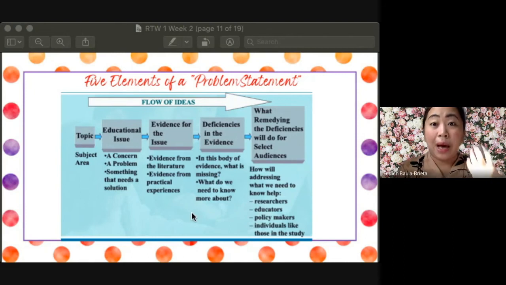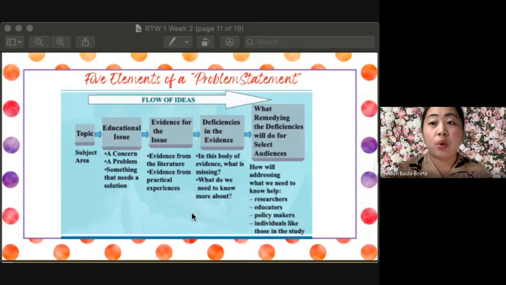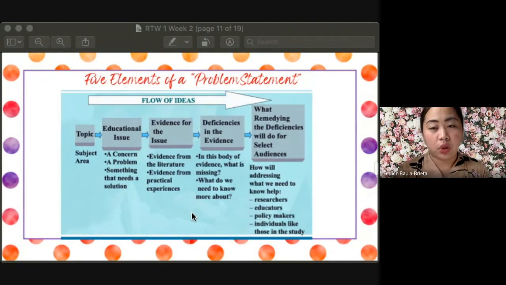So your output will be usable, will be relevant to the community. It is not a copied output or a duplicated output.